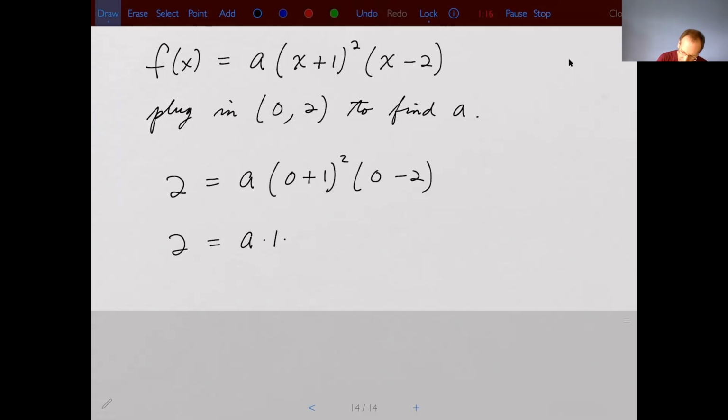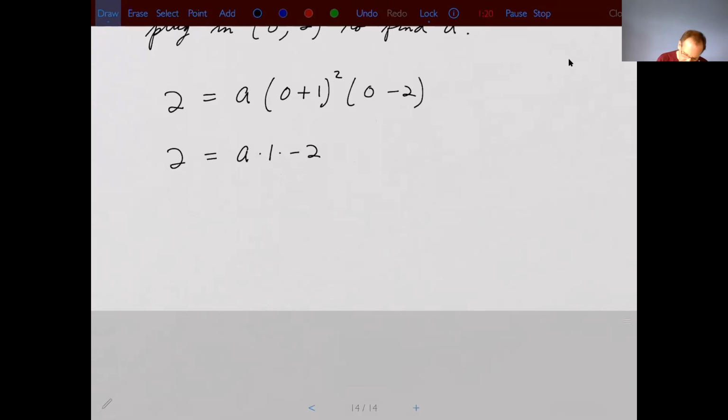And then 0 minus 2 is a -2. So this is telling me that 2 is equal to 1 times -2 is -2a. And then if I divide both sides by -2, I'm going to get a is equal to -1.